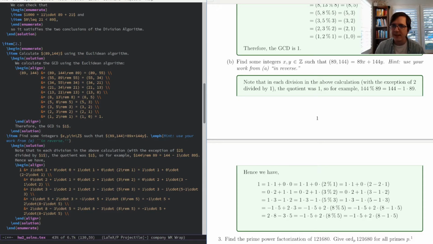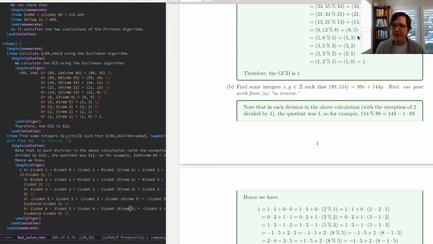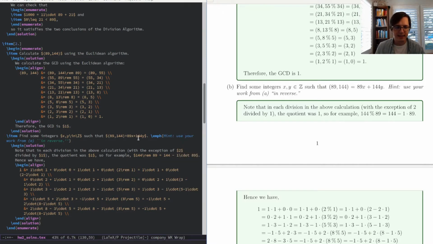Okay, so 5 was 13 mod 8. Oh, this is a tedious problem to type, but it's not so bad on paper. Okay, minus 3 times 13 minus 1 times 8.